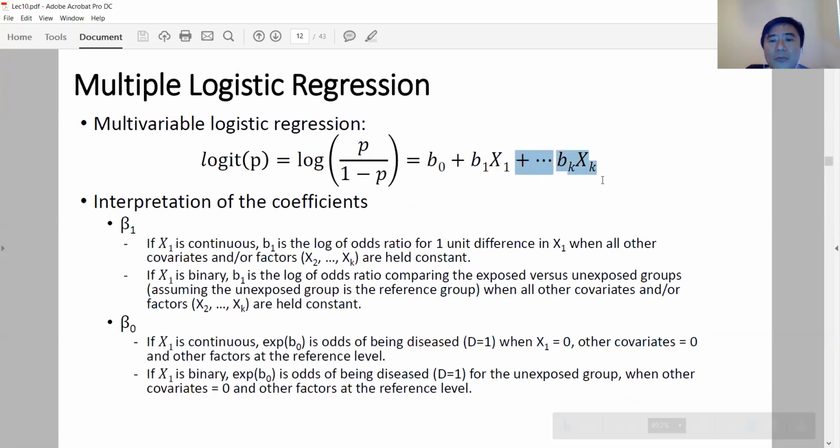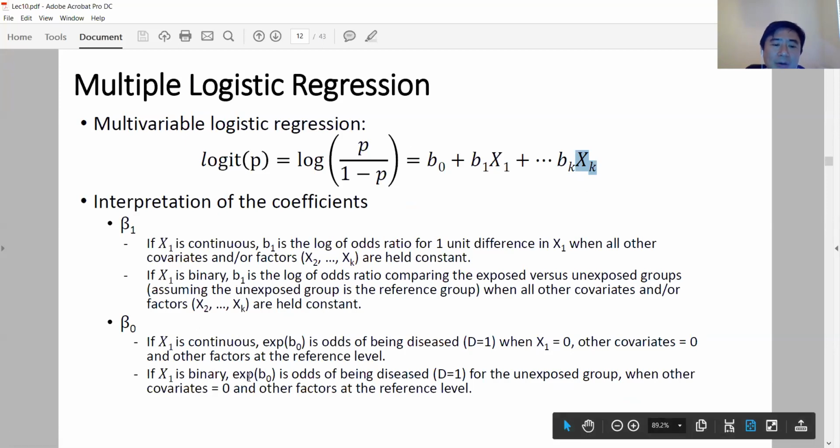If all other variables are continuous, they need to be equal to 0. But if they are binary, you need to keep them at baseline because you use the reference group as 0. And if x1 is binary, then B0 is the odds of being diseased for the unexposed group, when the other covariates equal 0 and the factors are at reference level.